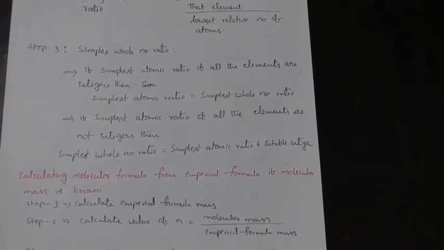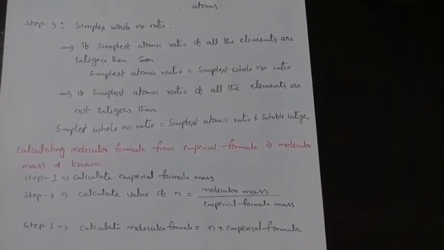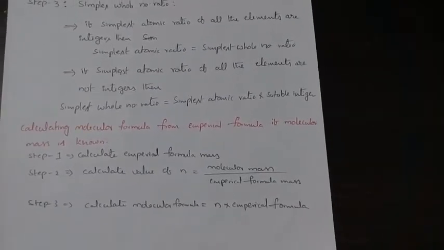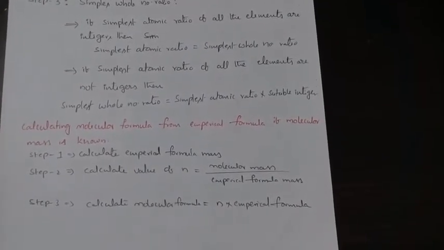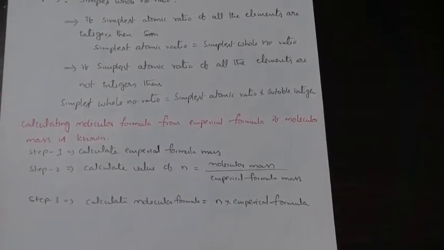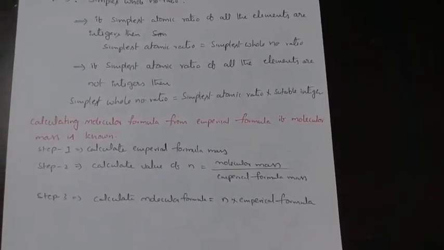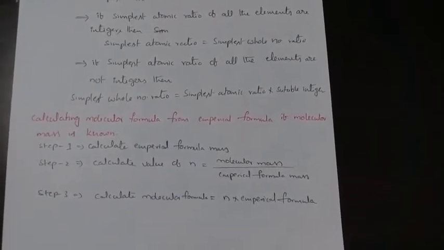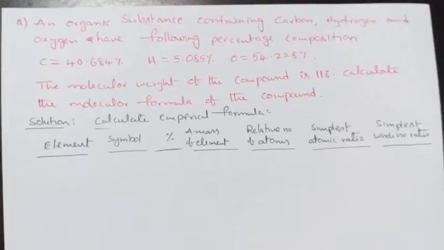After that, we'll get the empirical formula. Then we calculate the empirical formula mass, then find n. After finding n, we multiply n with the empirical formula and we'll get the molecular formula.